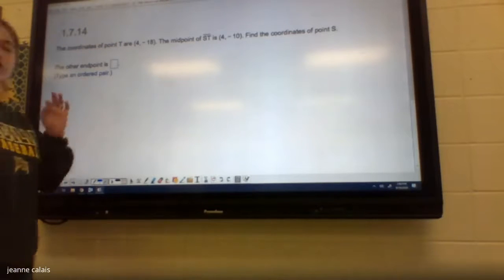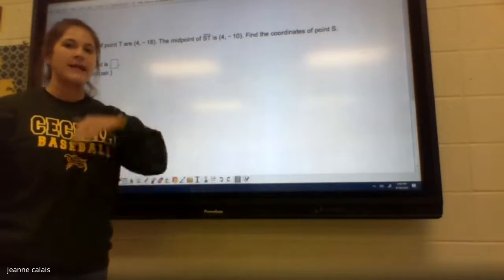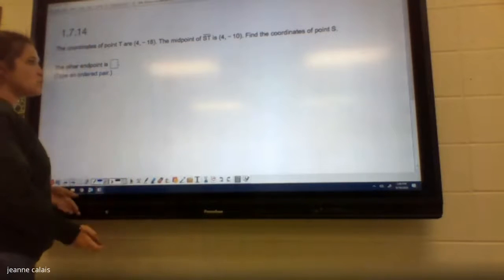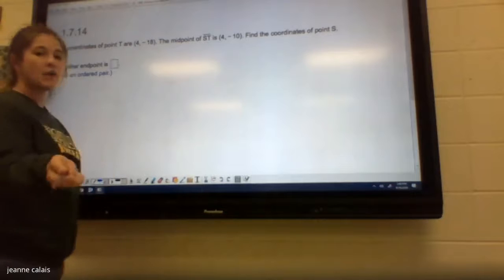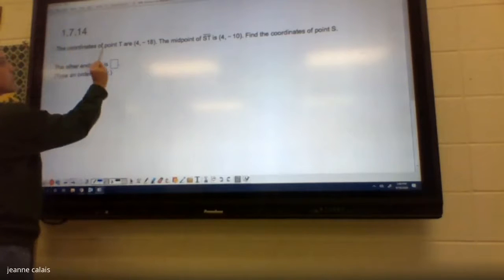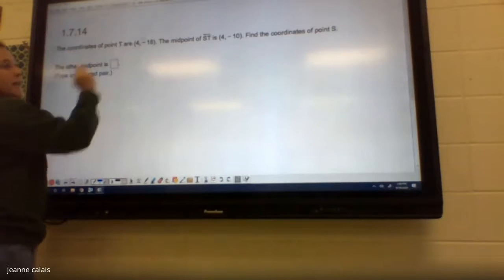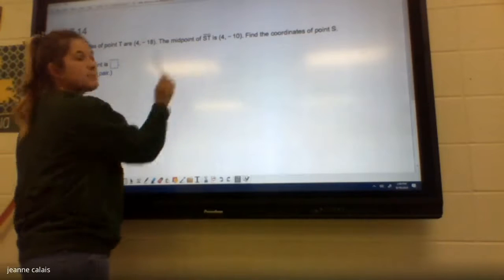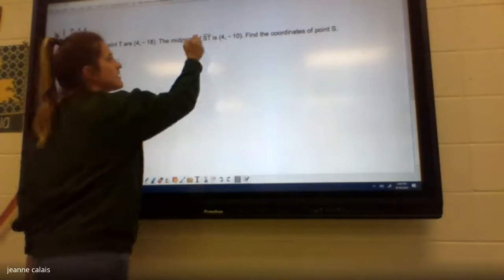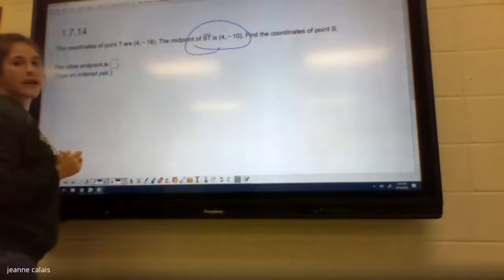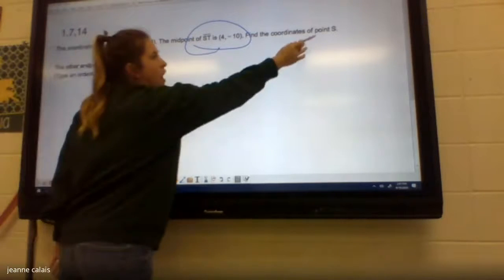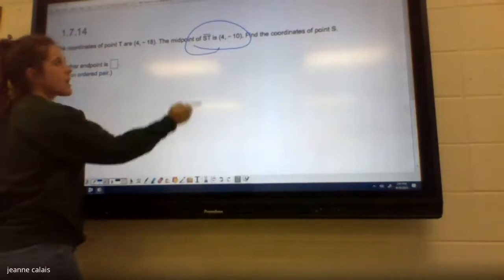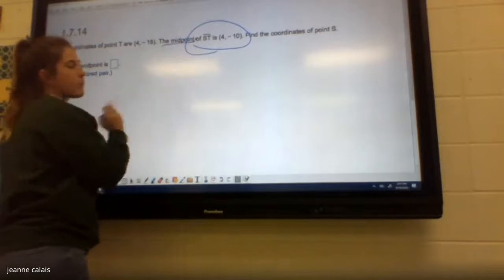Okay, we're going to do the same thing again. Same process. We want to undo the midpoint formula. How do I know that? Because it says the coordinates of point T are (4, -18). The midpoint of ST is (4, -10). We're finding the other endpoint. They gave you the midpoint.